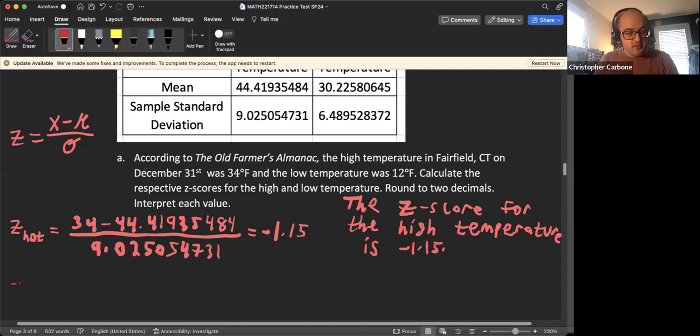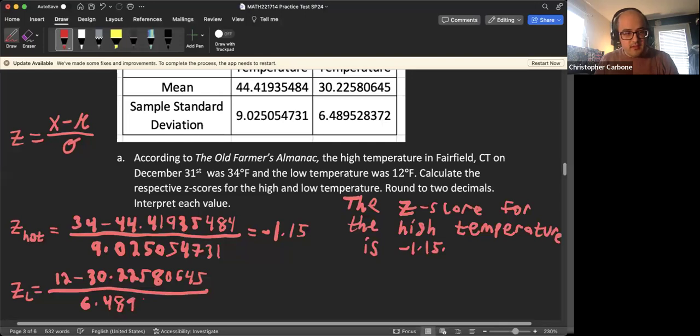For the low temperature, this is going to be 12 minus 30.22580645, divided by 6.48952837.